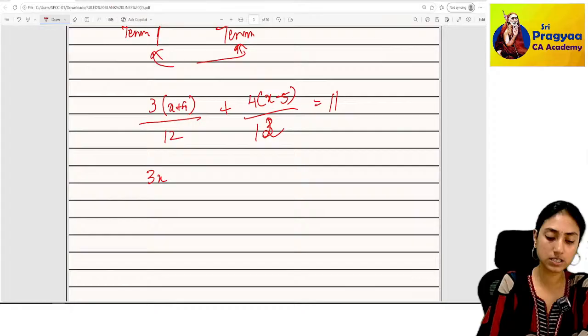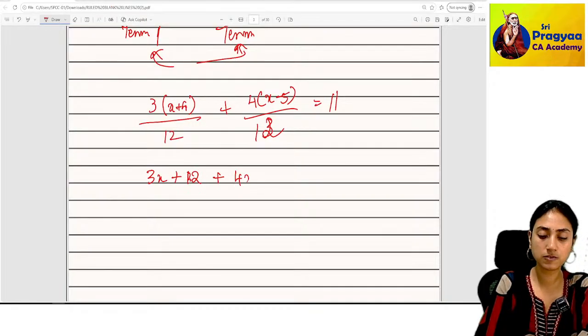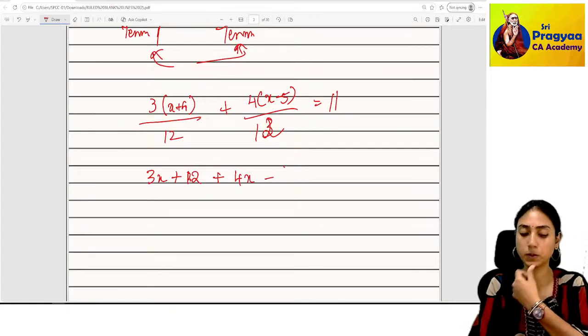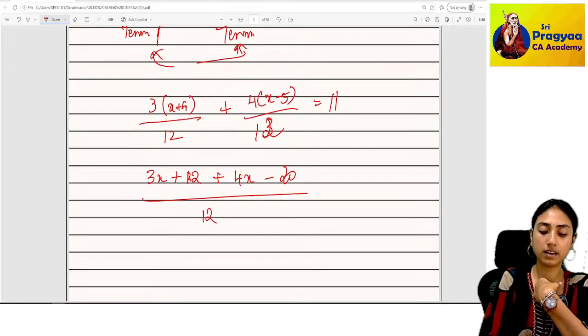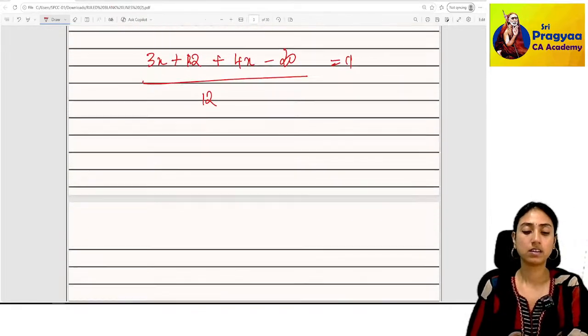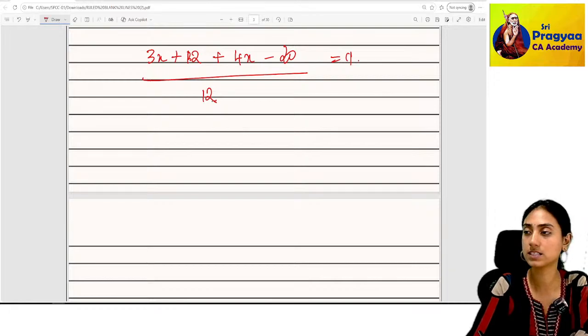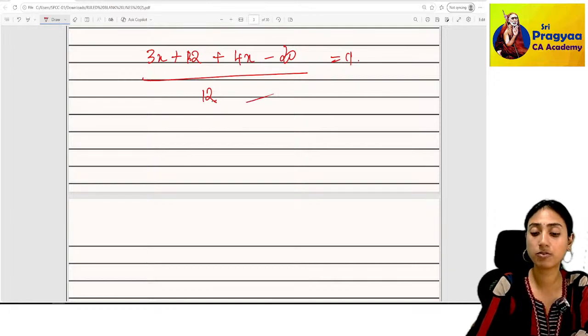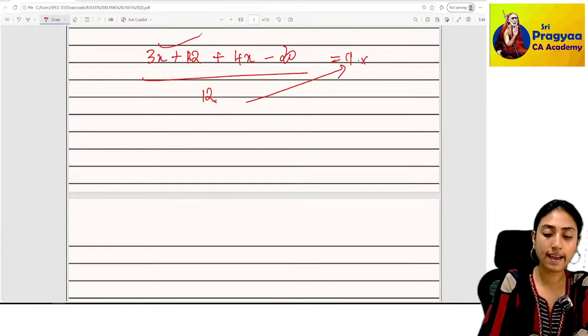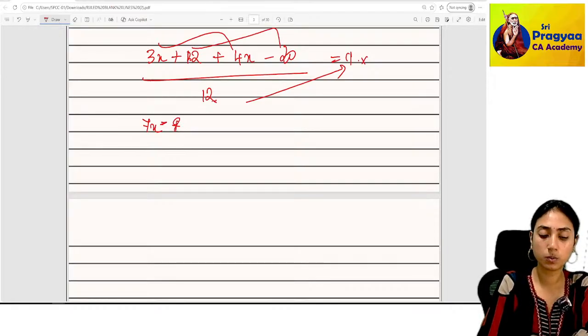So this will become (3x plus 12 plus 4x minus 20) divided by 12 is equal to 11. Now, if I want to take the division by 12 to the RHS, I'll have to multiply. Adding these two variable terms gives 7x, and adding the constants gives minus 8.